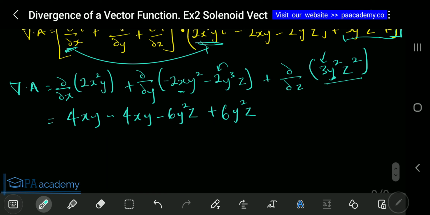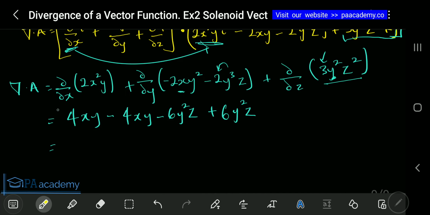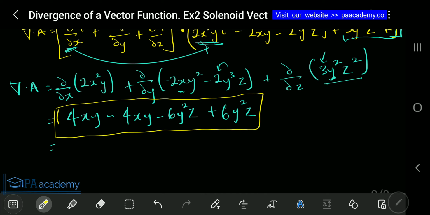Now let's simplify this. What do you notice at this point? You can just pause the video and look at what we are having at this point and look at it closely for like 5 seconds and see what you notice. Alright, so let's see if your observation was correct.